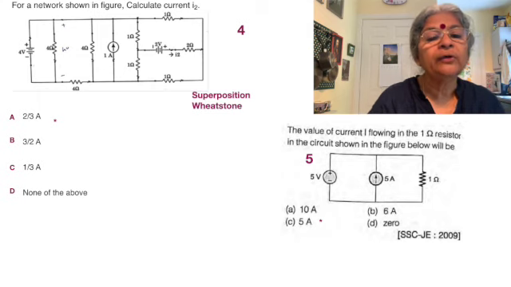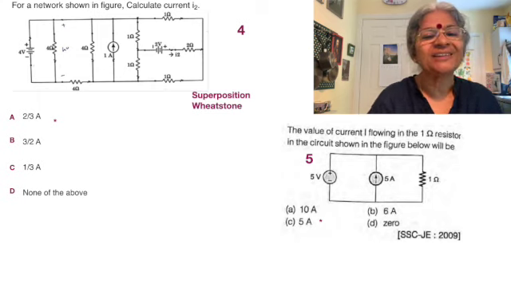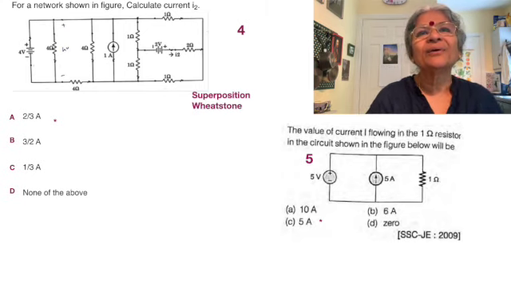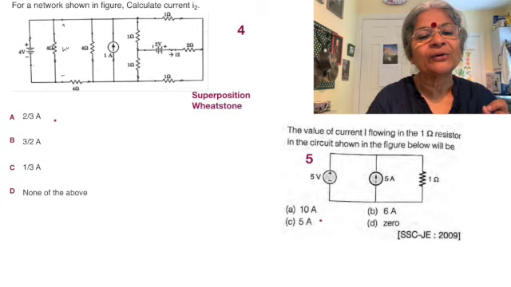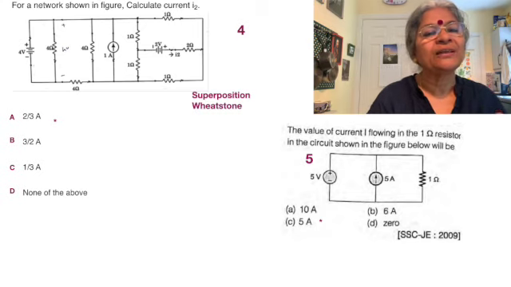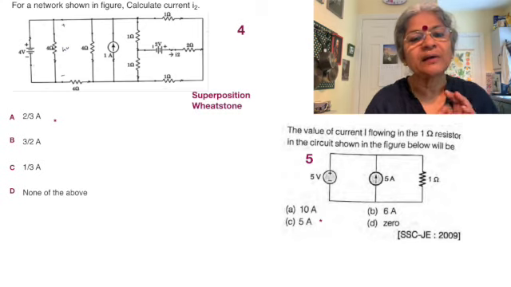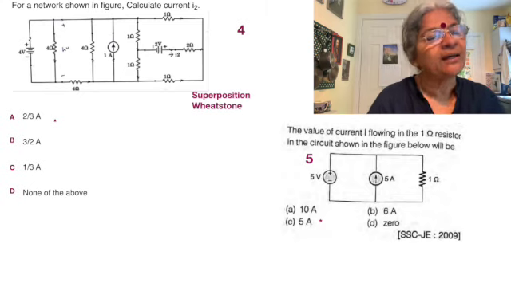So now we have only the 2 volt source. We have already applied superposition, though superposition is only applied for a particular purpose. What is that particular purpose? We are trying to find out the network structure through which the current emerging from 2 volt flows.